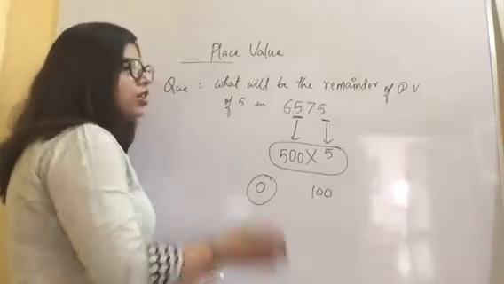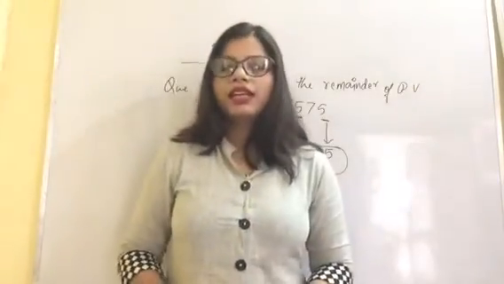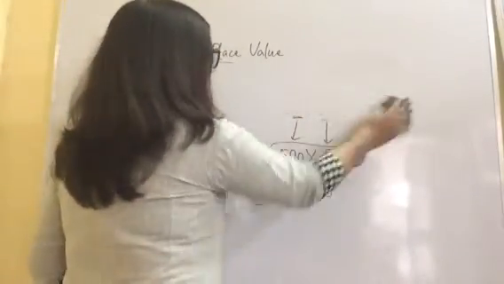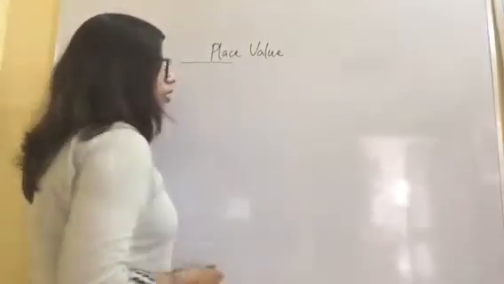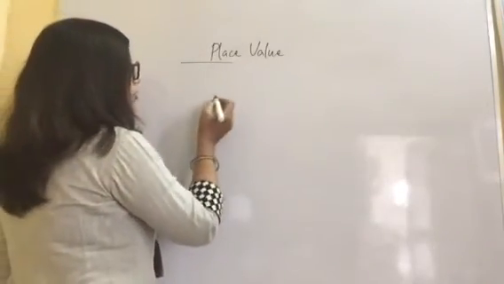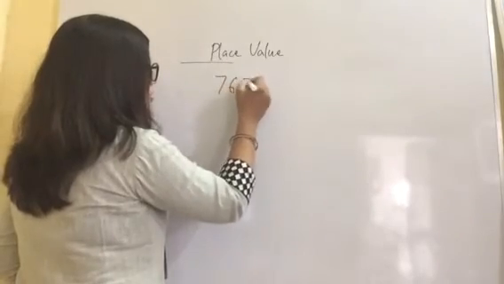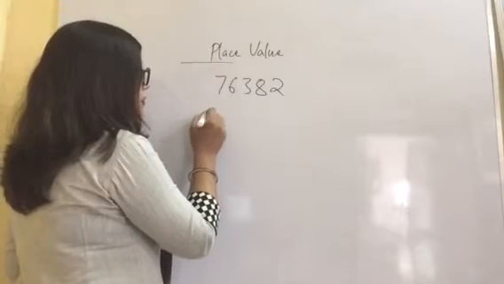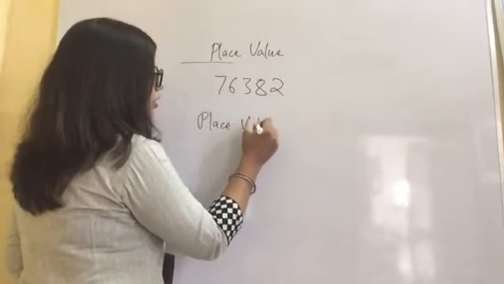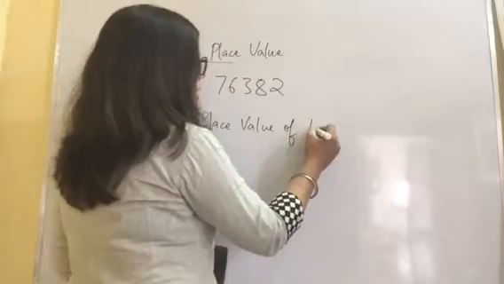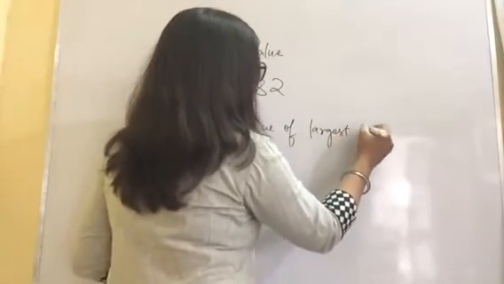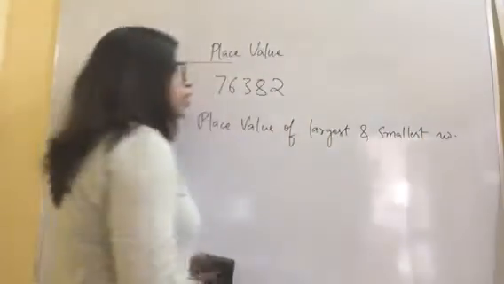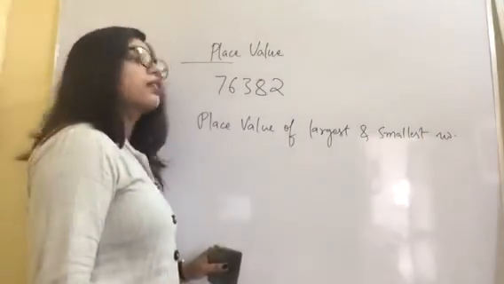So these are the variations of word problems regarding place value. You can have some more questions on place value, like you will have a question like 76382, and you have to find the place value of the largest and smallest digit. You have to tell the place value of the largest and smallest digit.